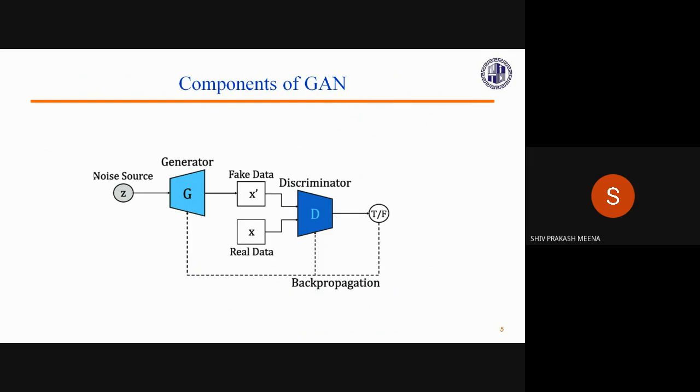Hello, Shiv. Okay, yes. In this PPT, we will discuss the components of GANs. GANs divide into two parts. First is generator and second is discriminator. The generator is an unsupervised learning approach. The discriminator is a supervised learning approach.